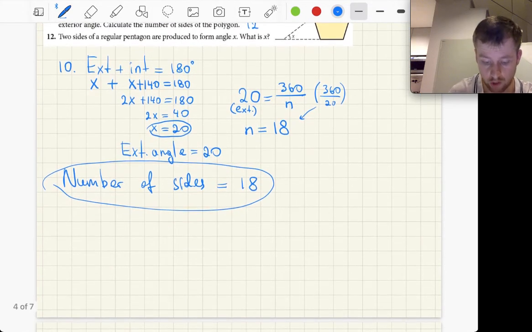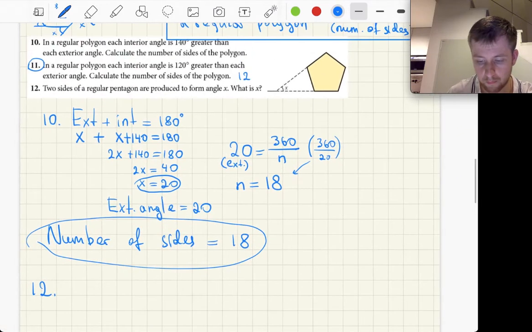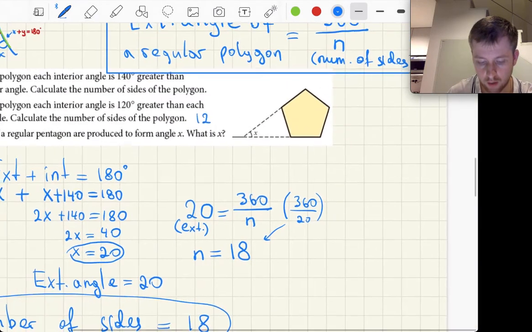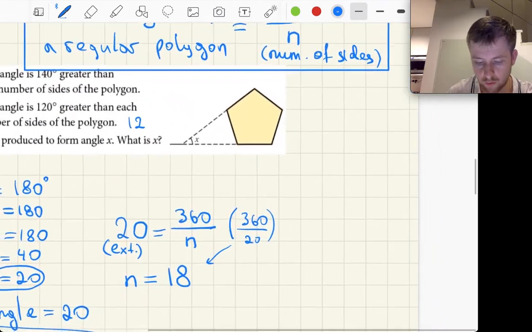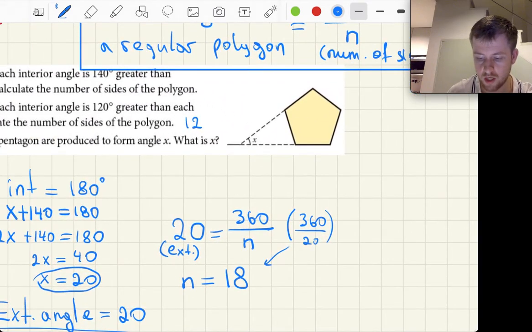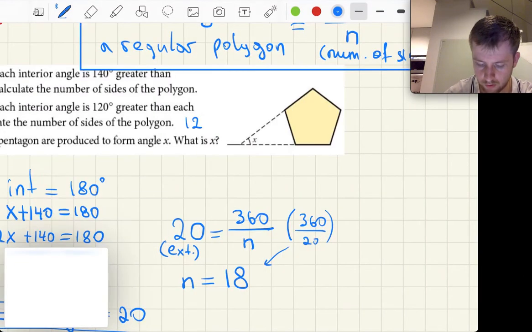Number 12 is quite interesting, I would say. Two sides of a regular pentagon are produced to form angle x. What is x equal to?